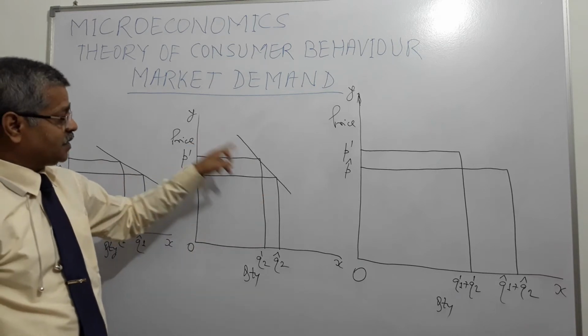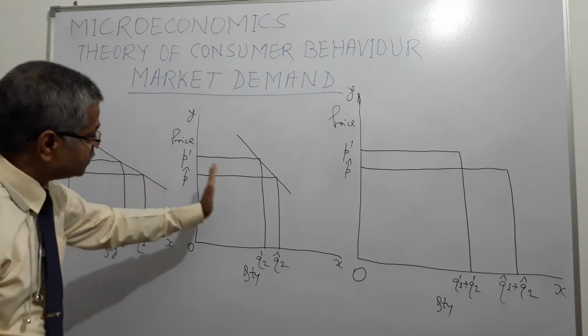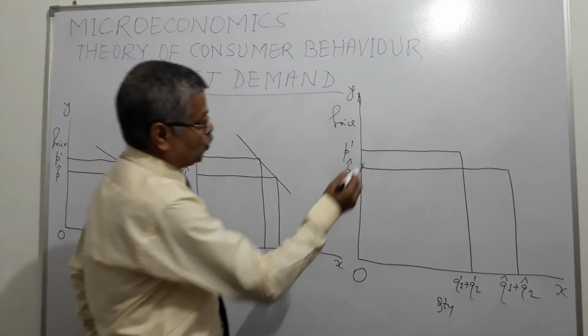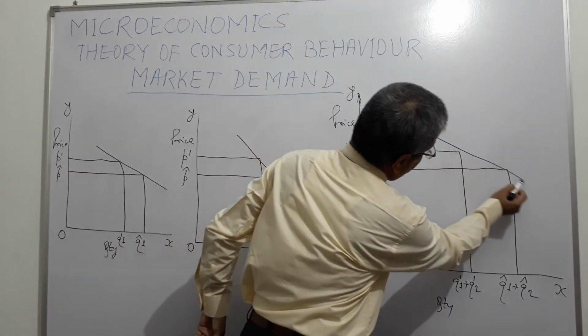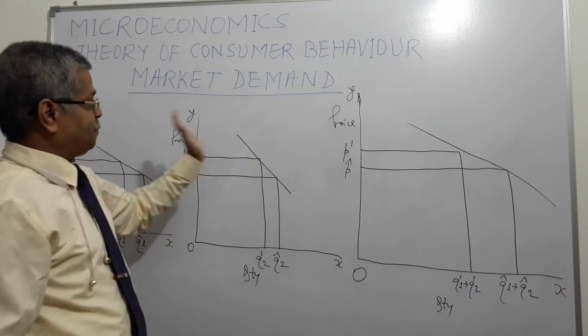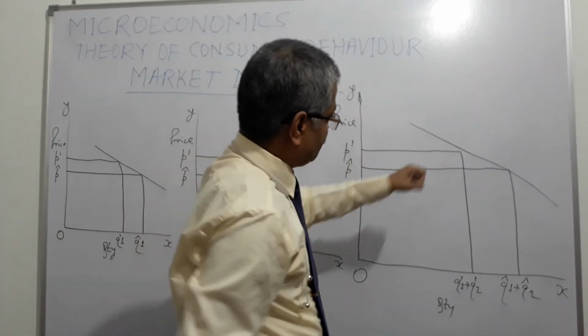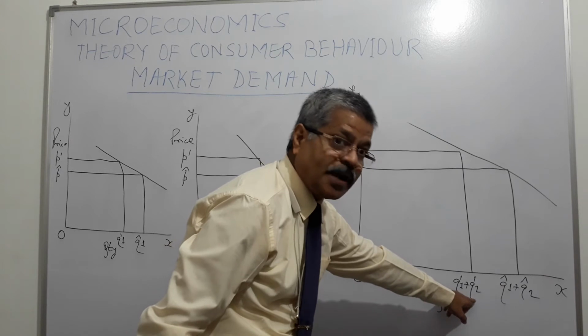This is the demand curve. When we do these horizontal summations, at P prime the market demand is Q prime 1 plus Q prime 2.